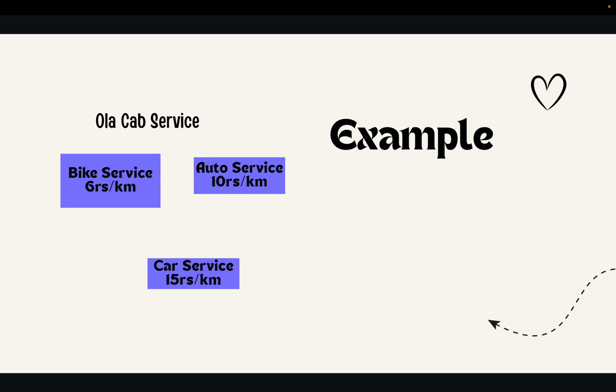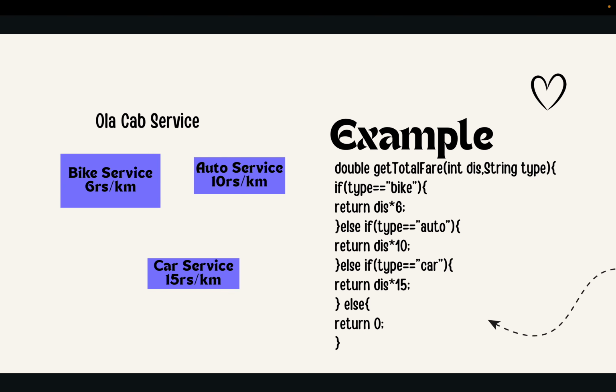So what solution do we have? Previously we could use if else conditions. We can use a string and check the type every time. Say we have a function called get total fare, in which we pass the total distance and the type of the service. If the type matches bike, it returns the distance multiplied by 6 rupees per kilometer.